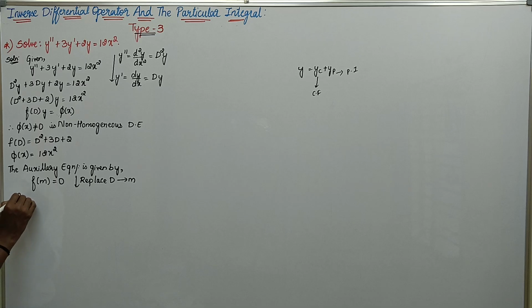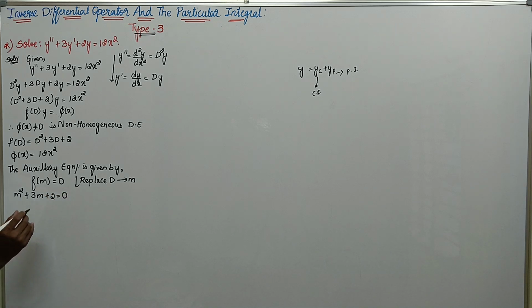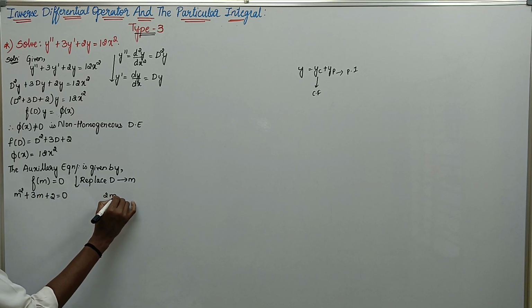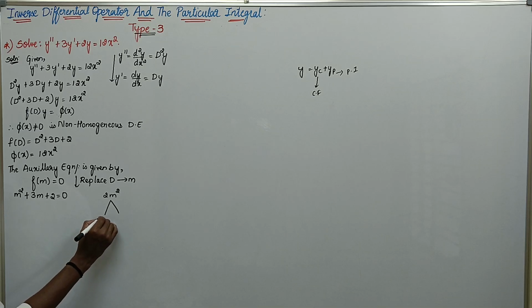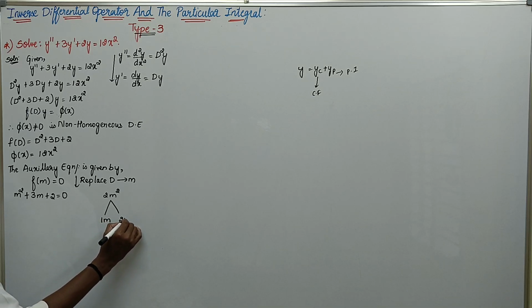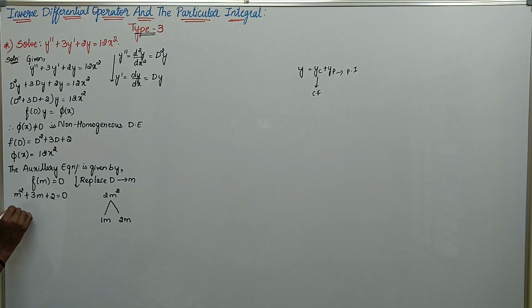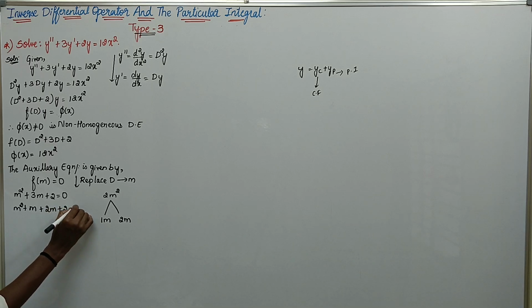That is m square plus 3m plus 2 equal to 0. Now we can solve by factorizing. 2m square can be represented as 1m into 2m, since 1 into 2 is 2, and 1m plus 2m gives 3m. That is m square plus m plus 2m plus 2 equal to 0.